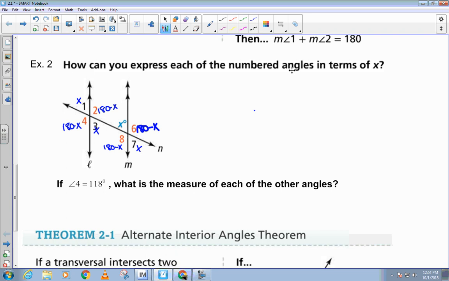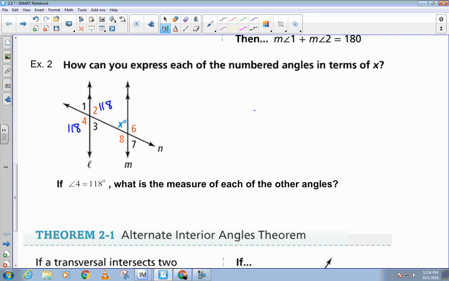All right, so let's put a number in here. Let's say that angle 4 is 118, and I want to find the measure of all the other numbered angles. So if angle 4 is 118, what's angle 2? 118. And angle 1 then would be what? 62.